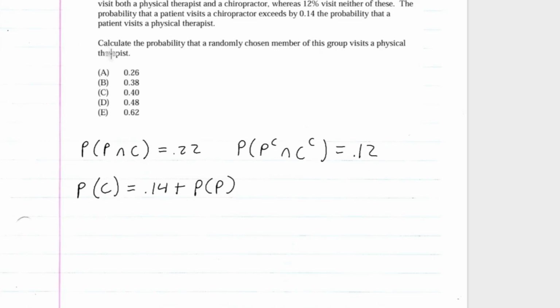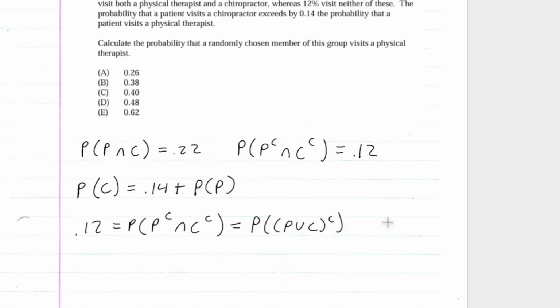Okay. Well, we do know that this 0.12 is equal to the probability of P complement intersection C complement. We do know that this is the same thing as the probability of (P union C) complement.